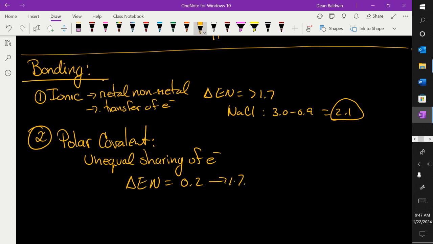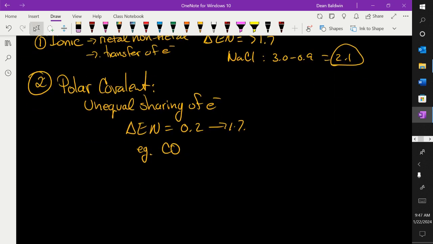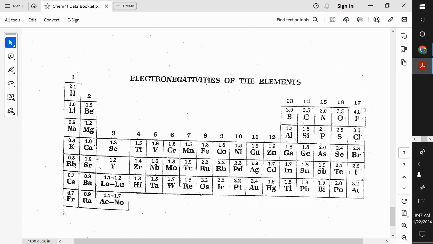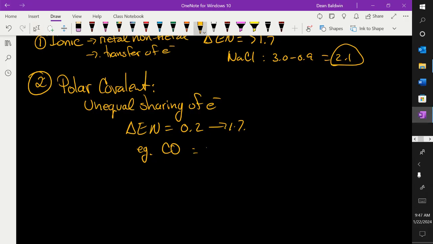Okay. So if we did carbon monoxide, CO, and you look at the electronegativities of carbon and oxygen, carbon is 2.5, oxygen is 3.5. One point zero is your electronegativity difference, which means you are polar covalent.